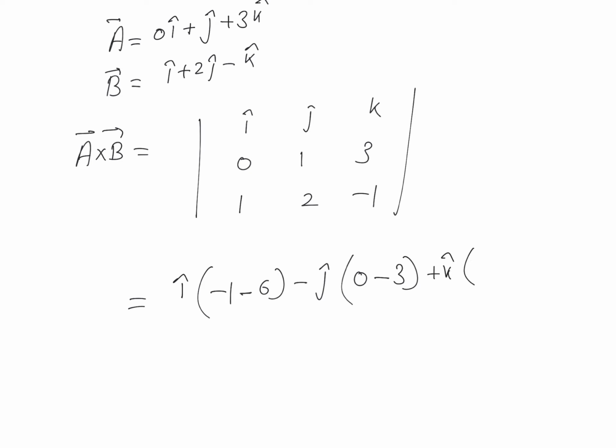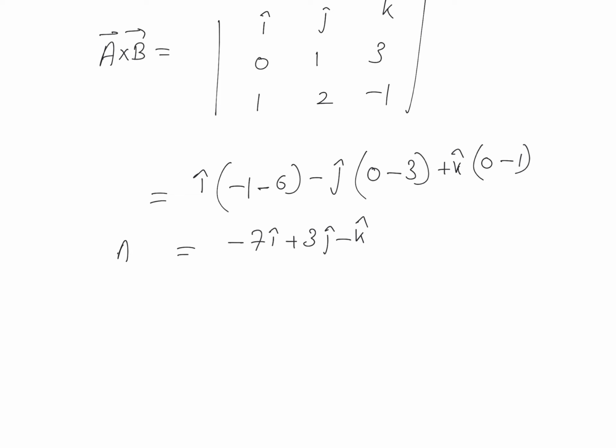Plus k cap into 0 into 2, that is 0, minus 1 into 1, that is 1. So we can write it as minus 7 i cap plus 3 j cap and minus k cap.